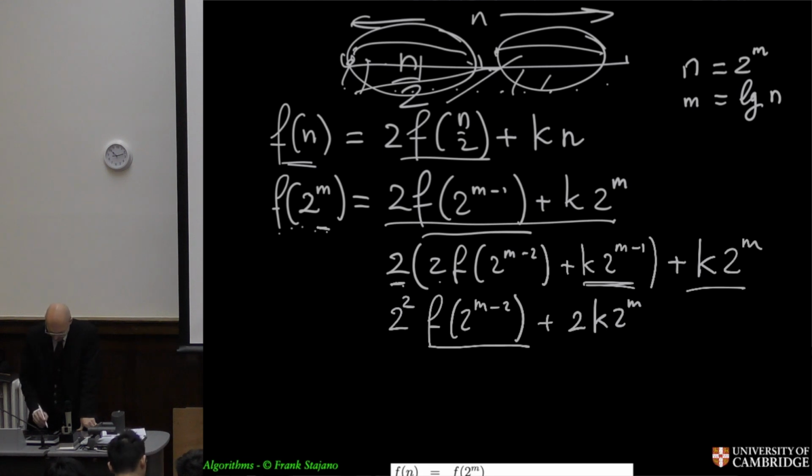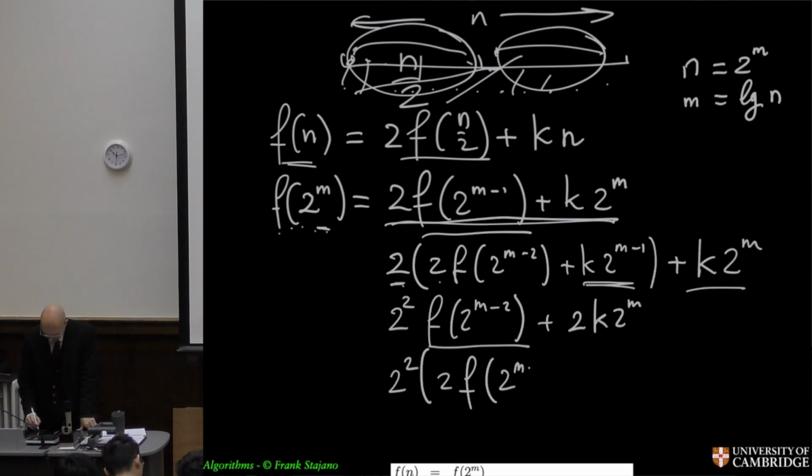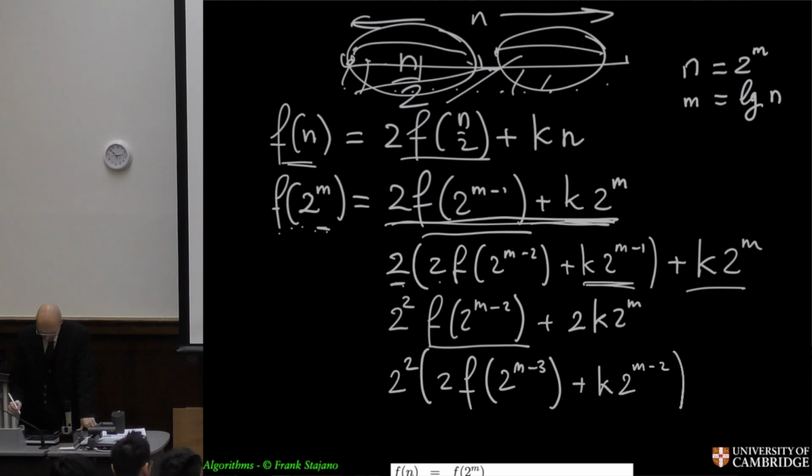So then this is equal to 2 to the 2, and then I expand in this way to f of, and the exponent is replaced, so m is replaced by m minus 2, so this becomes m minus 2 minus 1, m minus 3, plus inside the bracket I have k times 2 to the m minus 2, plus 2k 2 to the m that I had from before.